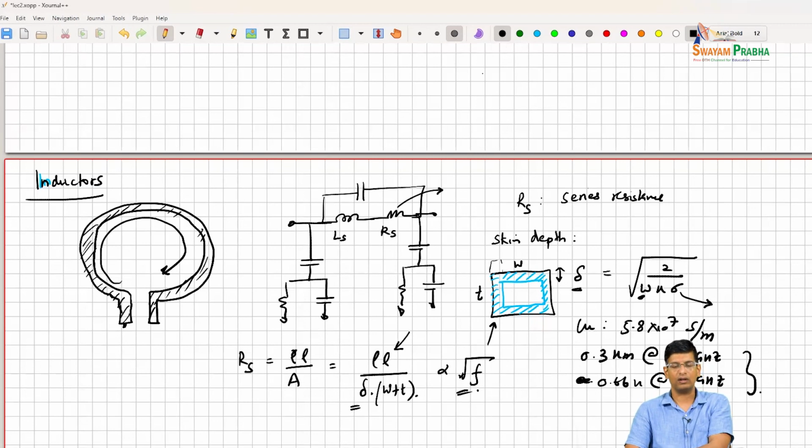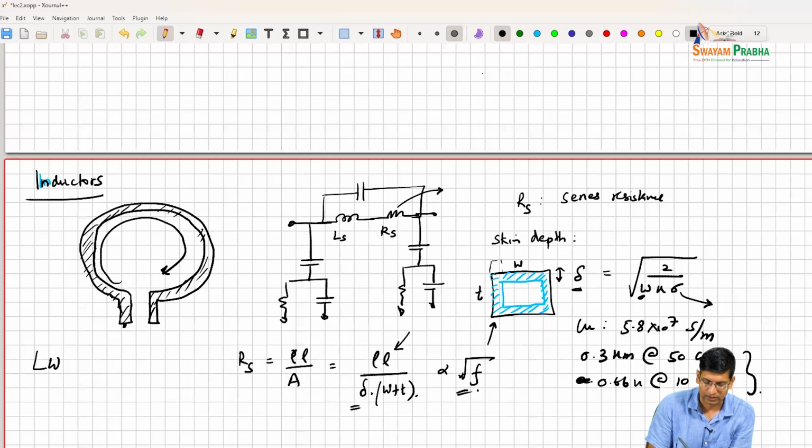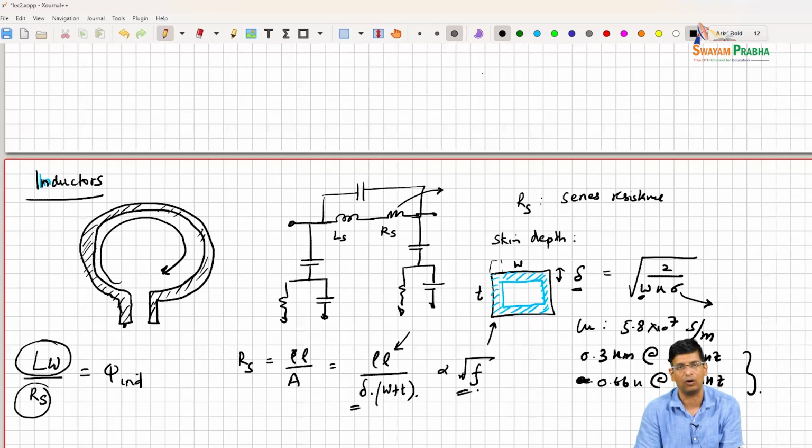So overall, the metric that we use for all this is quality factor, which is L omega divided by Rs, the Q of the inductor. This is basically the amount of reactance that you are getting and the loss, the resistance, that you are paying for it. So this metric you can get from 15 to 20 at millimeter wave.